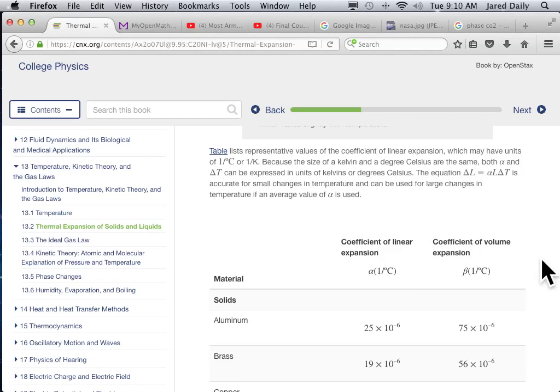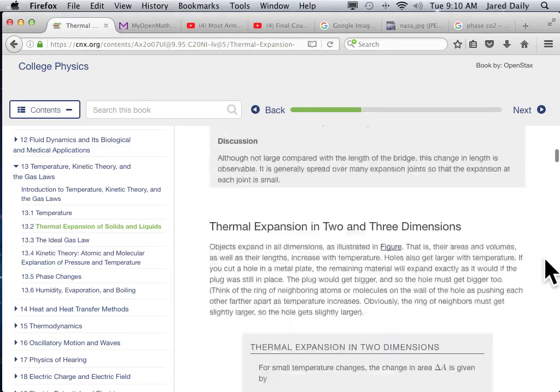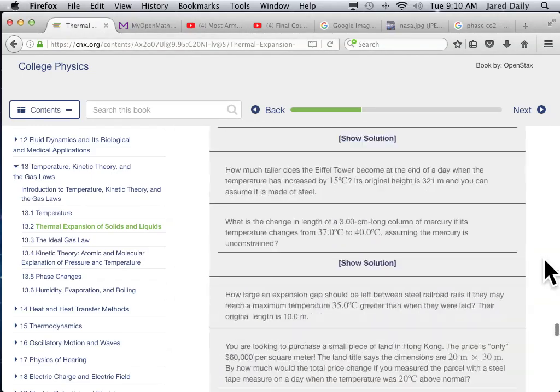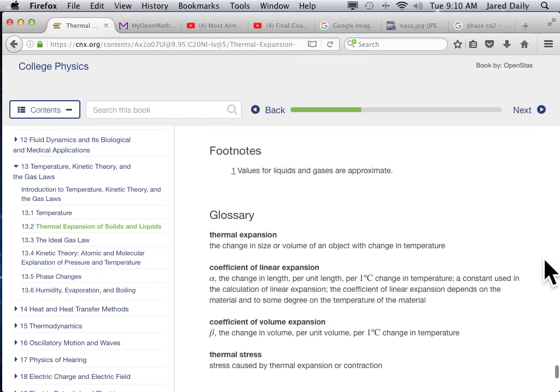And also we need to know what the temperature change was, or at least something about it. Minus 15 degrees Celsius? 50? Okay, so delta T was minus 50. In other words, the final temperature is the initial temperature minus 50, right?